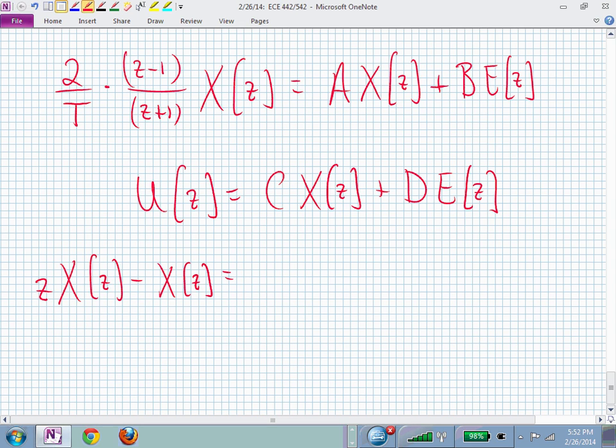But now on the right-hand side, we have several terms. We have a capital T over 2. We have an A, but then we're scaling by a z plus 1. So we have two terms that involve an X: a z X of z plus A capital X of z.